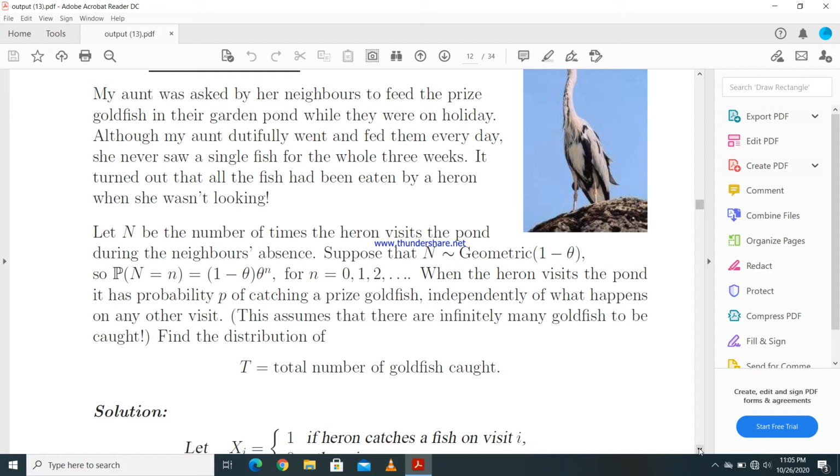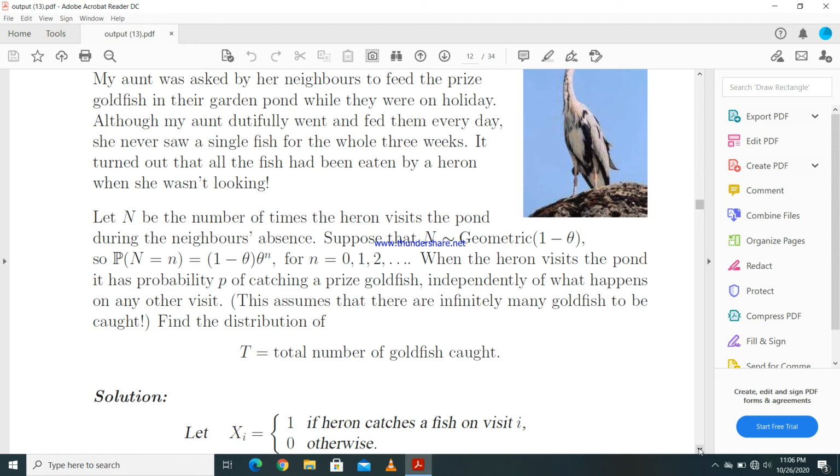Tomorrow also it may or may not. We never know. So each day is independent. So if you were able to catch one fish today and tomorrow 0 fish, again on the next day you can catch another fish. So likewise, the total number of fish that the heron caught is denoted by capital T.